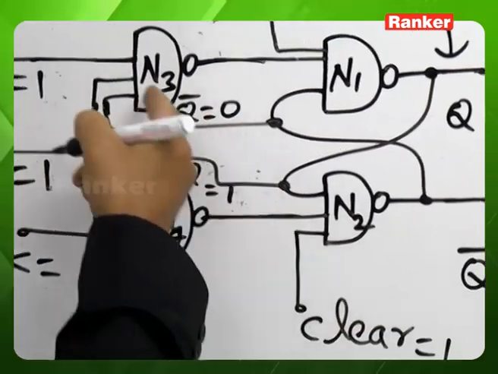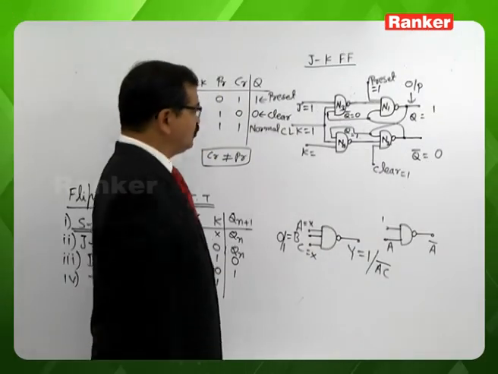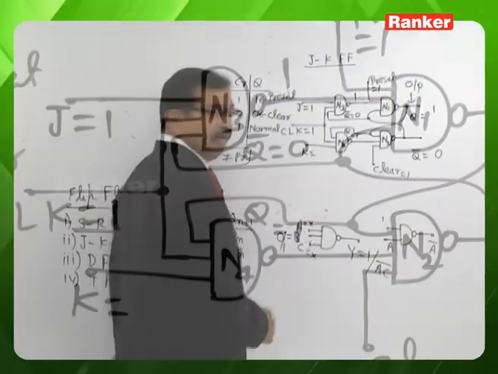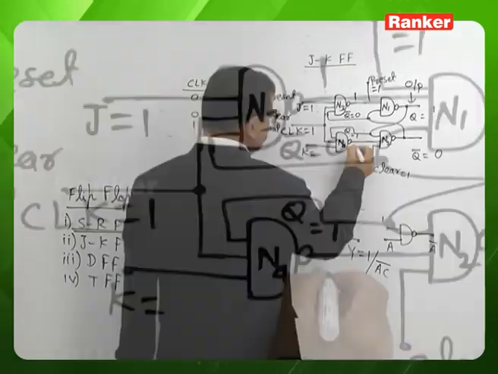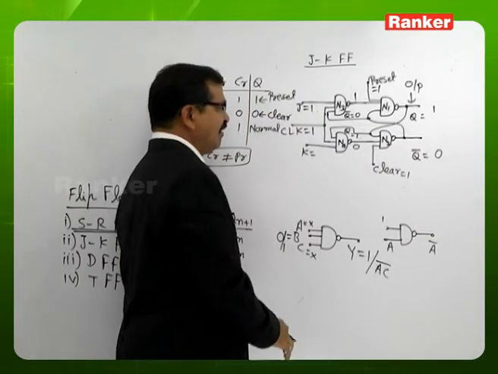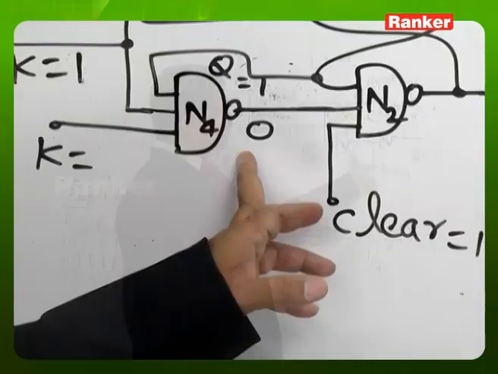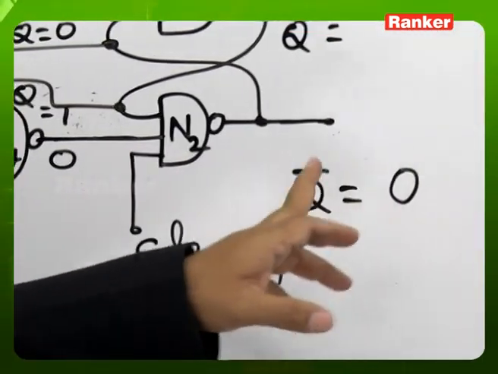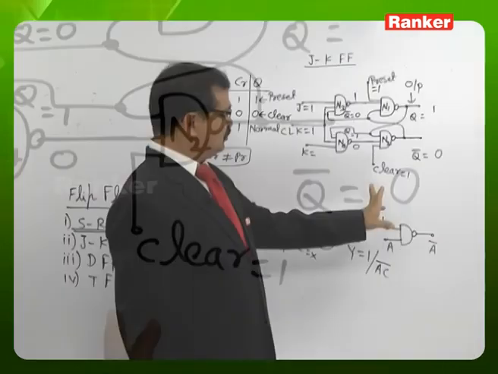Hence, having one input of gate N3 as 0, the N3 output is 1. Having all 3 inputs of N4 as 1, the N4 output is 0. So, having one input of gate N2 as 0, we can determine the NAND gate output without knowledge of the other inputs.